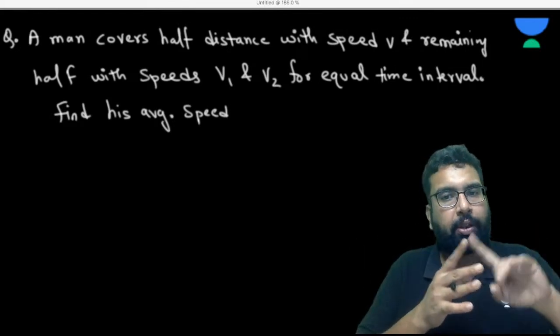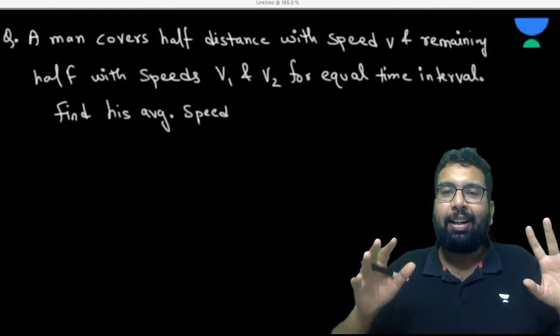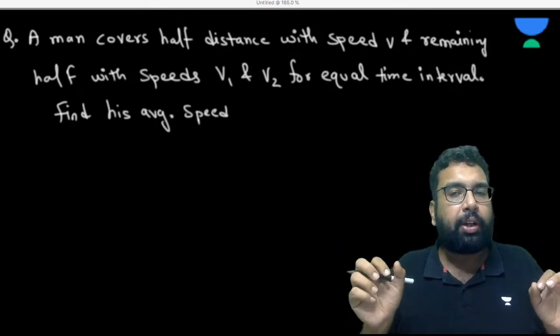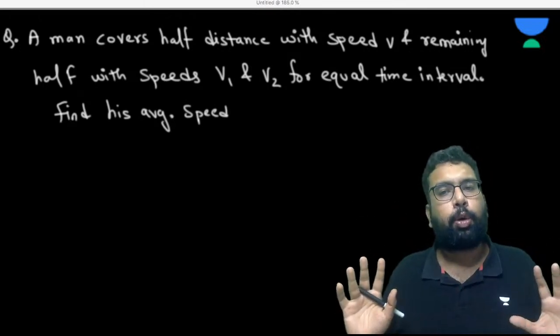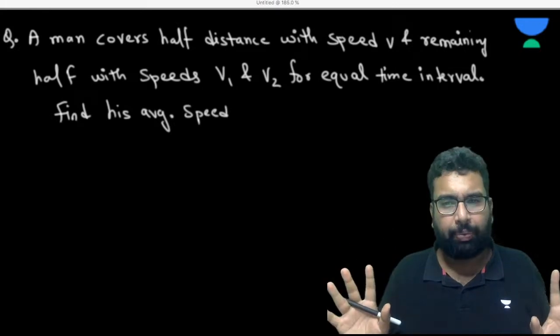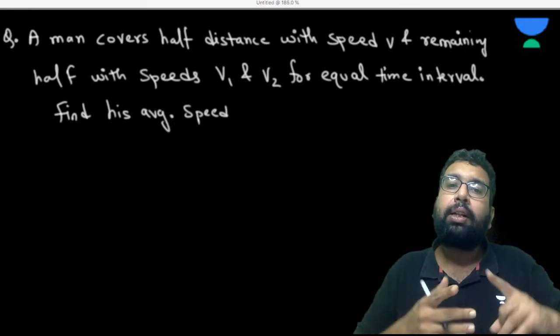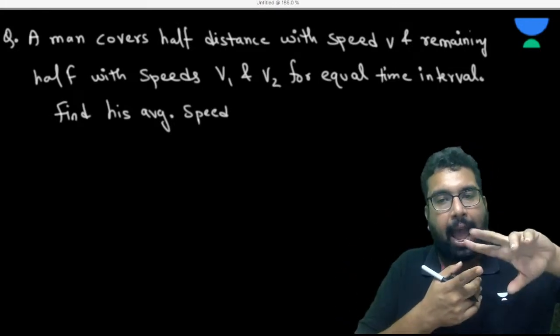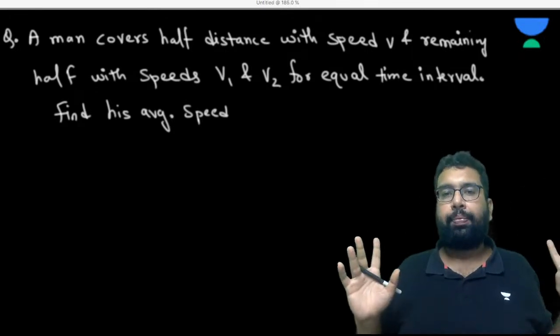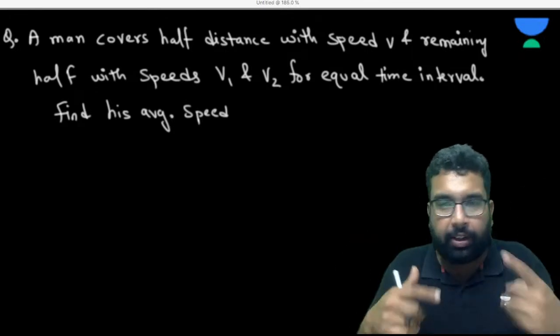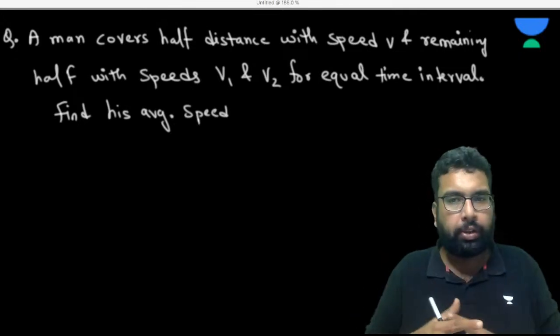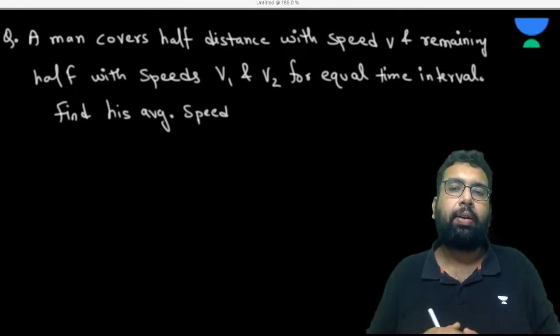Speed is change in distance upon time, velocity is change in displacement upon time. Everyone knows this formula, and that speed is a scalar and velocity is a vector. Now, can you tell me the difference between a scalar and a vector?